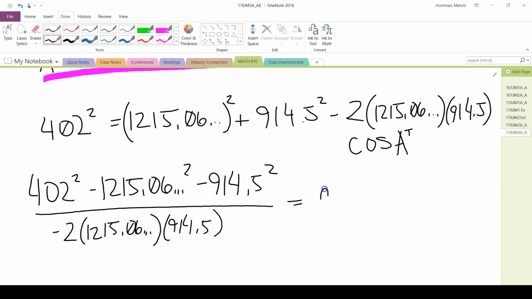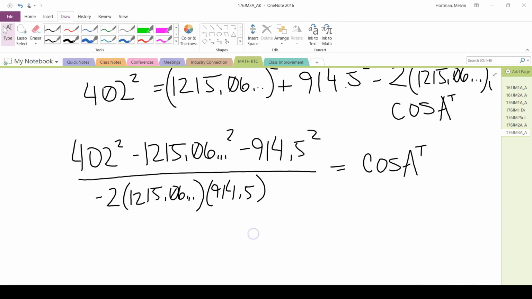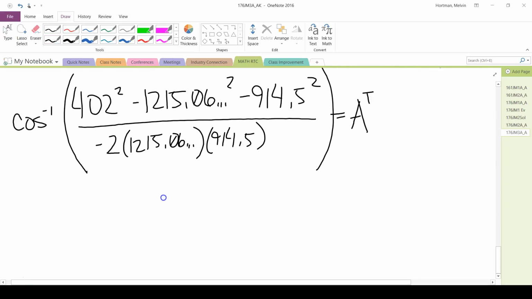All that equals cosine of A top, sorry. And then I can take the inverse cosine of the whole thing and say it equals A top. There we go. And now I plug away into my calculator.